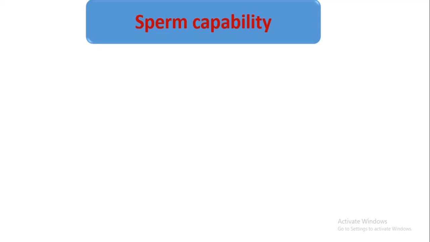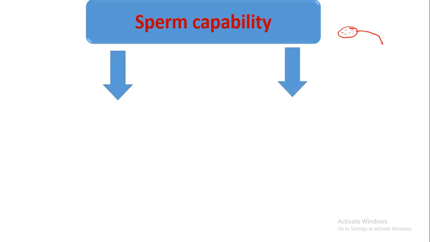The sperm, the way it is when it is released from the male, on its own cannot cause fertilization. It has to undergo two important stages for it to be able to cause fertilization.